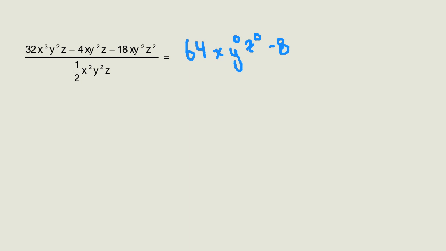And then I have 1 take away 2, so that becomes a negative 1. Maybe I should have written it out, but hopefully you're keeping up with me so far. So I have a 1 take away 2, so that's a negative 2. And then my y^2 take away 2 becomes a 0. My z^1 take away 1 becomes a 0. And then negative 18.